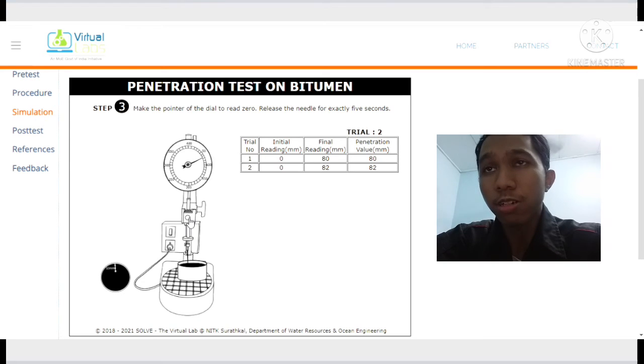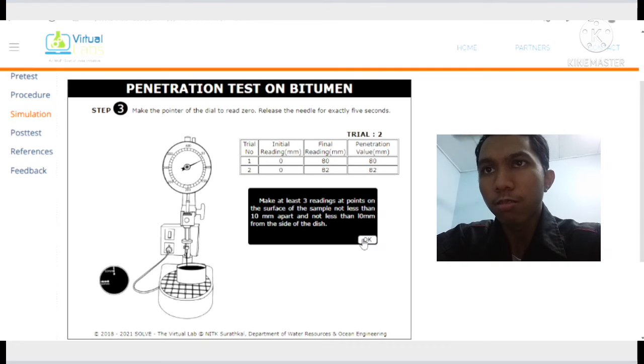Move the needle to touch down to 0. Turn on and make at least 3 points on the surface, not less than 10 mm apart and not less than 10 mm from the side of the dish. Trial 2: initial 0, final reading 82 and penetration value 82.